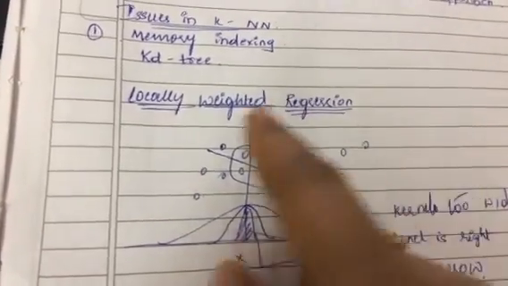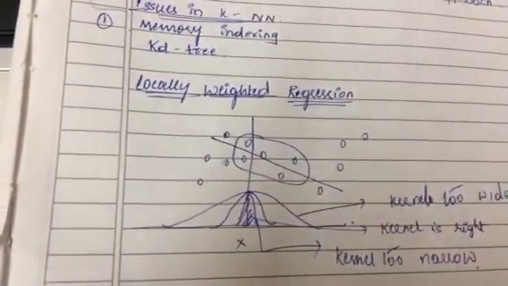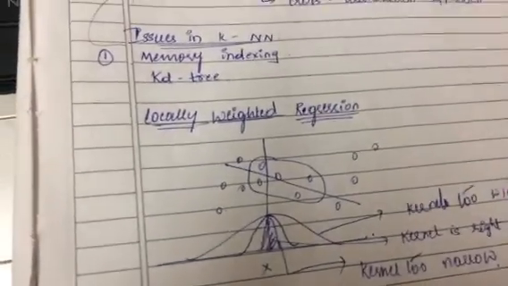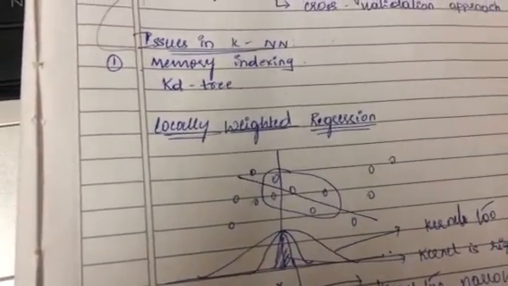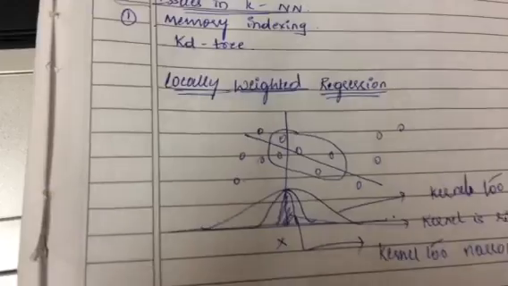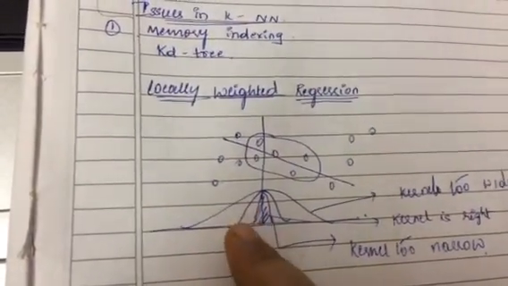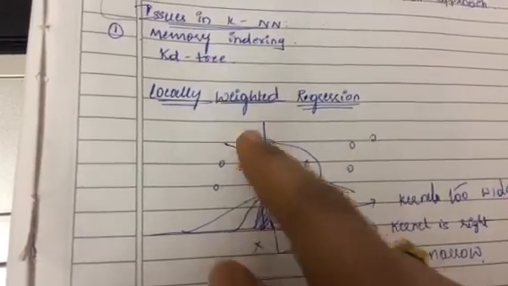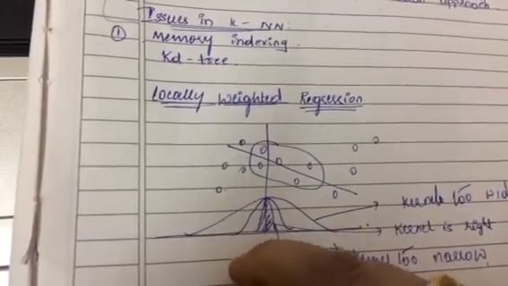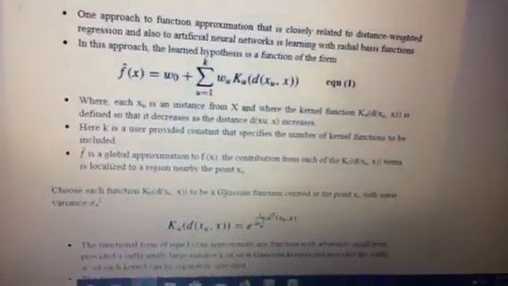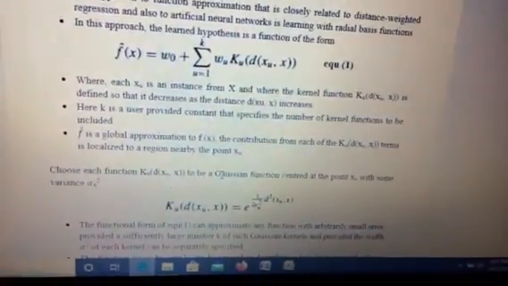If we consider the complete data points, then it is called a global approximation. In our radial basis function, we are going to consider the global approximation, the complete area. Here x is considered to be the query point, whereas in this example we have considered xu as the query point.